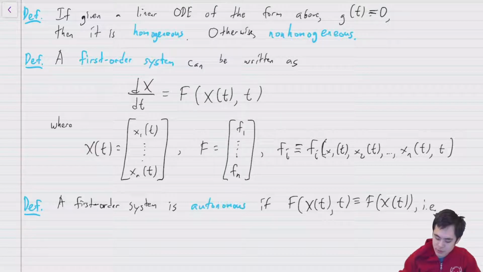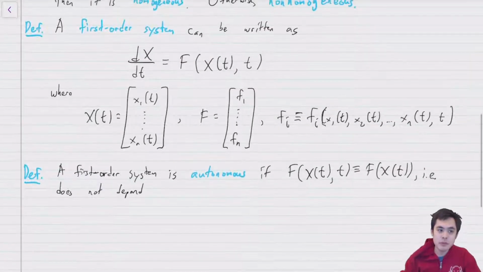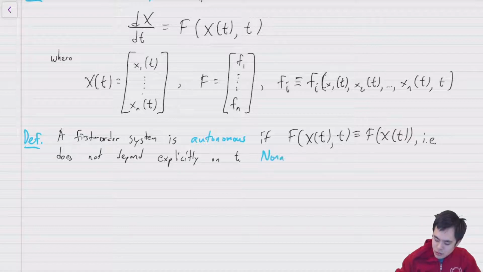So i.e. does not depend explicitly on t, though of course it will have a dependence on t through x. Does not depend explicitly on t. Non-autonomous otherwise.